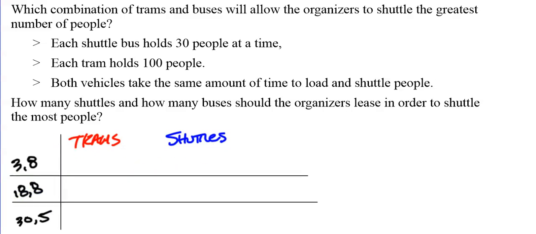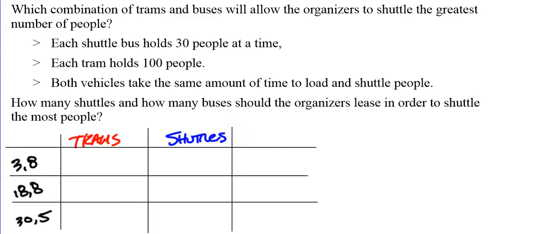So these are our max points that I can look at. The shuttles are times 30. The tram is times 100 for the number of people it can hold. And this is just the total number of people.